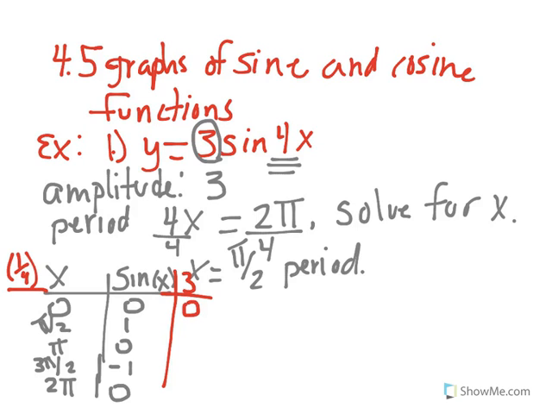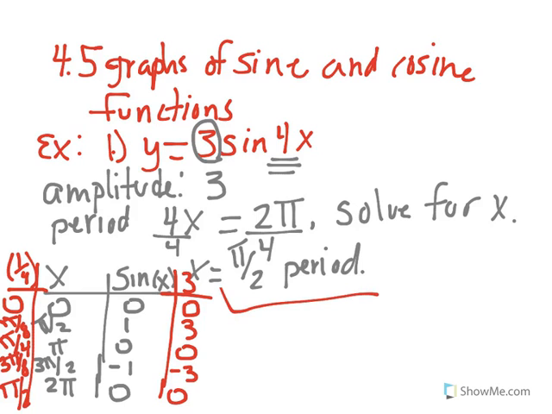So this becomes 0, this becomes 3, this becomes 0, this becomes negative 3, and this becomes 0. Then over here, when you multiply by 1/4, you have 0, then pi over 8, then pi over 4, then 3 pi over 8, and then 2 pi over 4, which is pi over 2. And sure enough, you can see that that's the period, which is pi over 2. Okay?